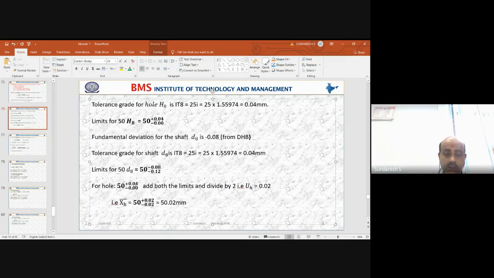So what we have done is we have added these two limits and divided by 2. So U for H we get 0.02 and X for H will be equal to 0.02, meaning we equally divide for the hole 50 plus 0.02 and minus 0.02. So totally you are going to get the same thing over here. So 50.02 millimeter is a standard value that you are going to get.